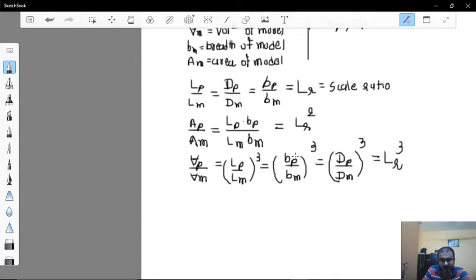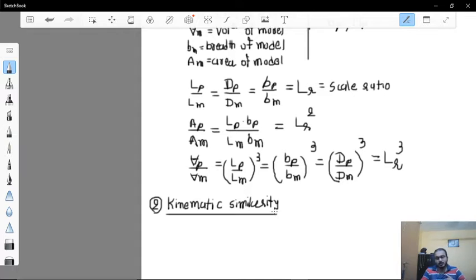Now let's move forward to the next similarity, that is kinematic similarity. So it is similarity of motion between model and prototype.